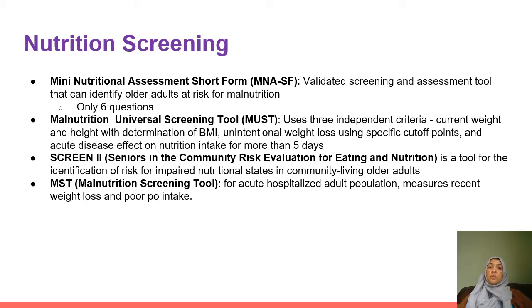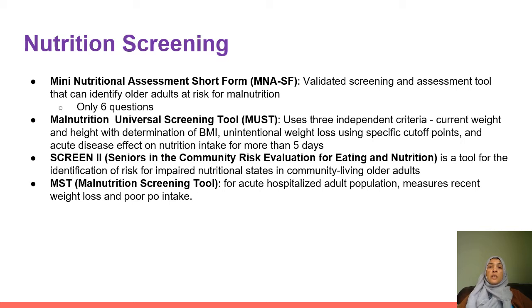The mini nutrition assessment short form is a screening method to evaluate the patients for any recent dietary changes, recent lack of appetite, any weight loss, acute disease or psychological stress, any changes to the mobility, any neuropsychological problems, and the changes in weight status.